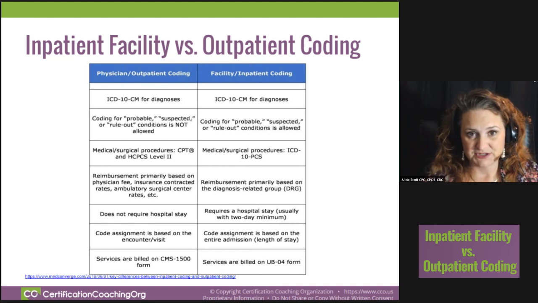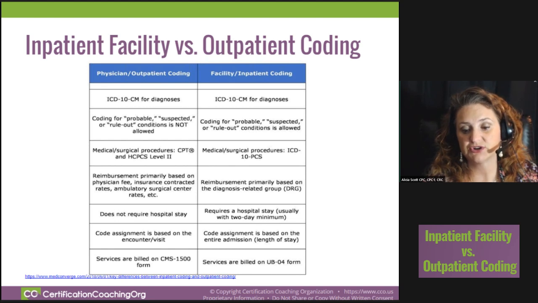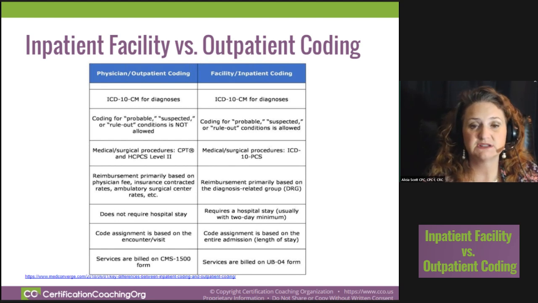Unlike outpatient, inpatient is different because in inpatient, you code everything. So let's say the patient's O2 stats are in the 70s and they have rapid respirations, they've got a fever, and they're diabetic, and the doctor is very concerned. So he calls the ambulance and has you admitted into the hospital with suspected pneumonia.